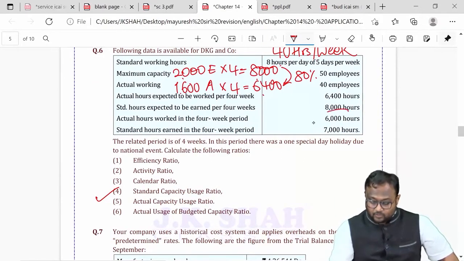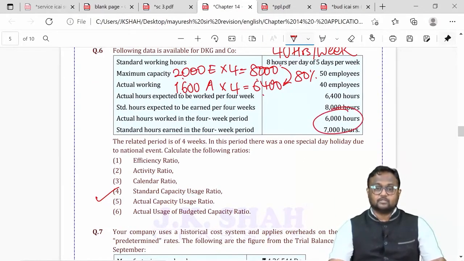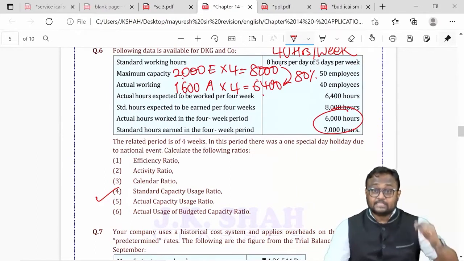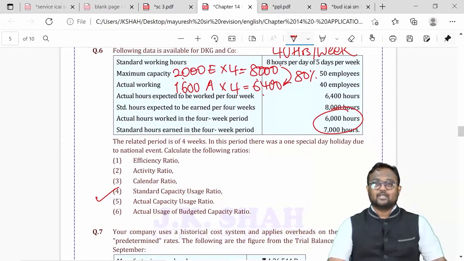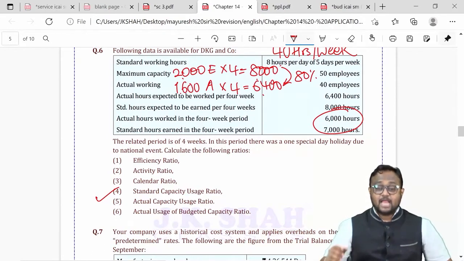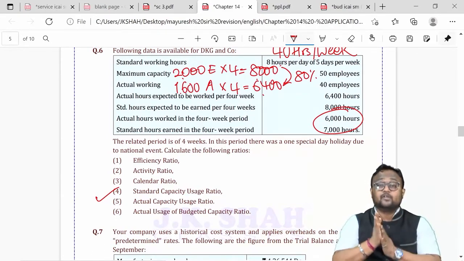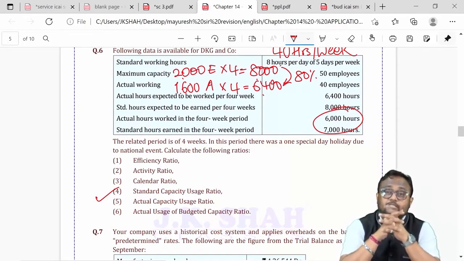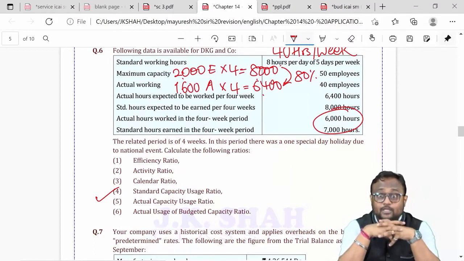But you have actually worked for 6,000 hours, and in 6,000 hours you completed work of 7,000 hours. Are you efficient? Yes. That means your efficiency ratio should be more than 100.